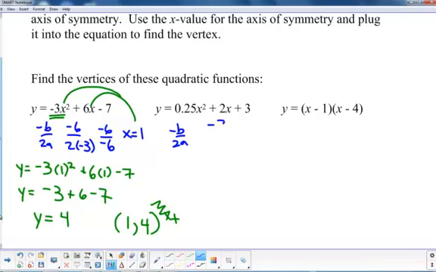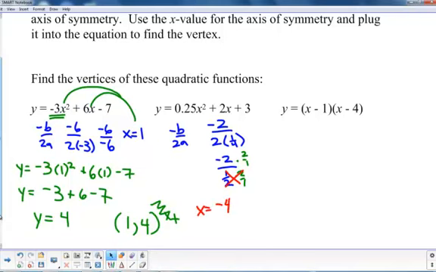In our second problem, we have negative 2 over 2 times a fourth. That's negative 2 over 1/2. And to get rid of that 1/2 on the bottom, multiply by 2, so our line of symmetry is at negative 4.